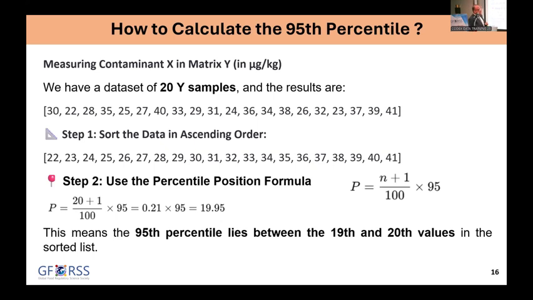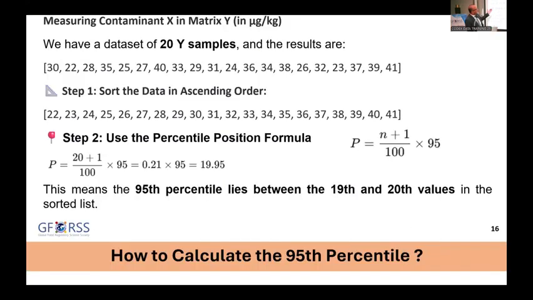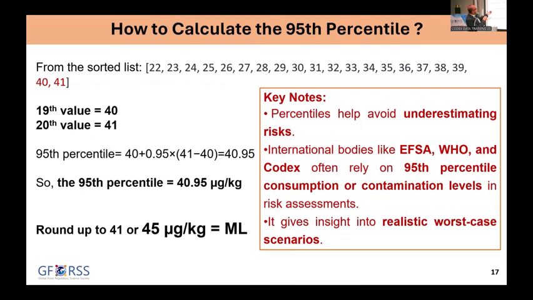So this is the position of my 95th percentile value. If I come back to my sorted list, the 19th value was 40, and the 20th value is 41.